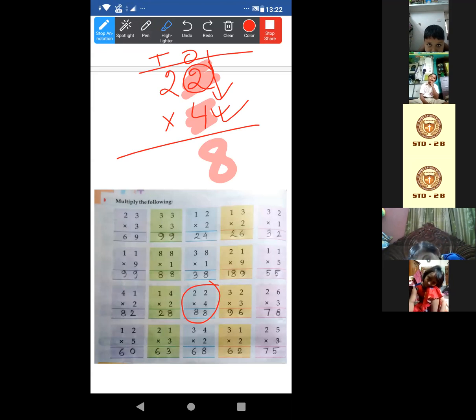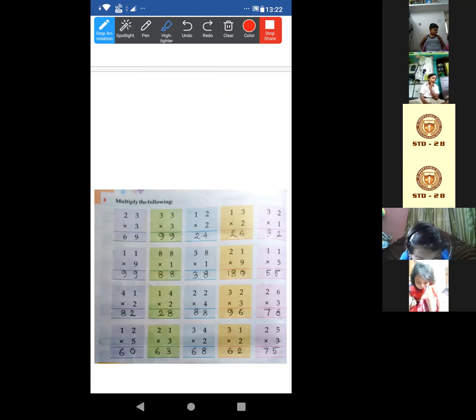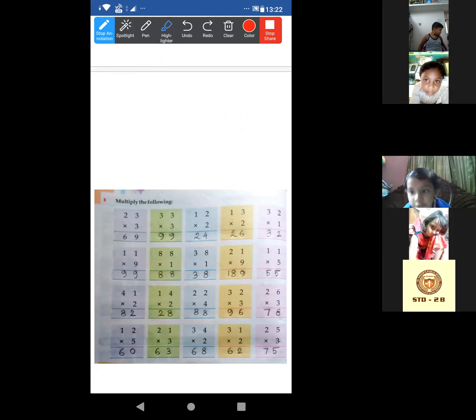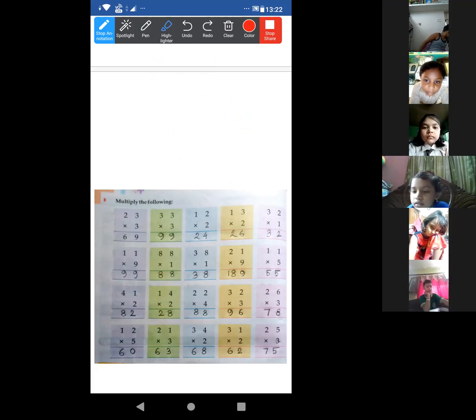Now again this one, 4 2s are another 8. 88 is the answer. Complete this. I know most of the students already completed. They raised their hand. Okay, this one: 3 2s are 6, 3 3s are 9.